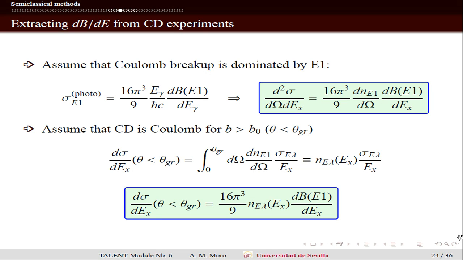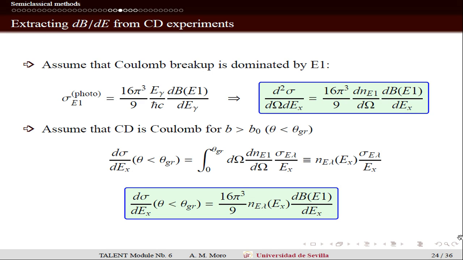So it's very difficult to find in actual situations the pure Coulomb excitation in a reaction. So you have to concentrate on some angular region that corresponds to large impact parameters or small scattering angles. That is equivalent.